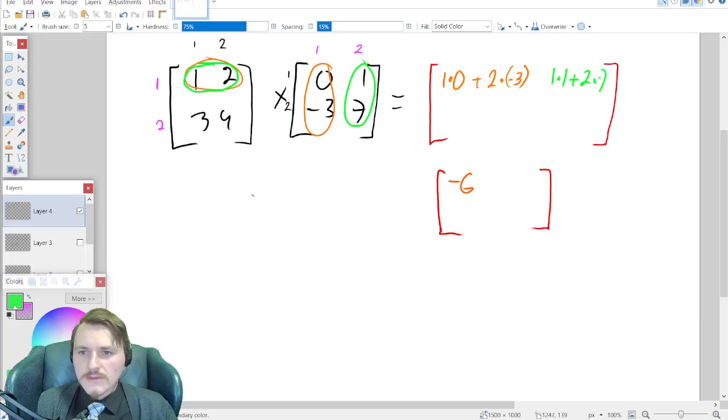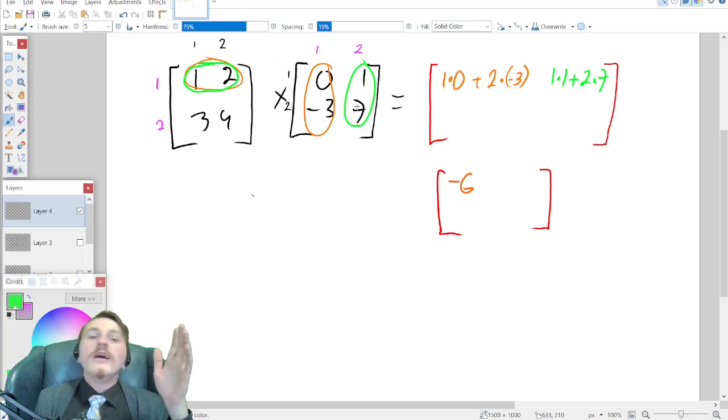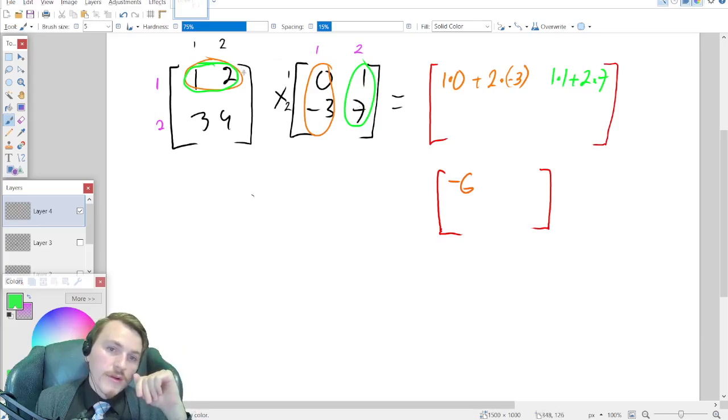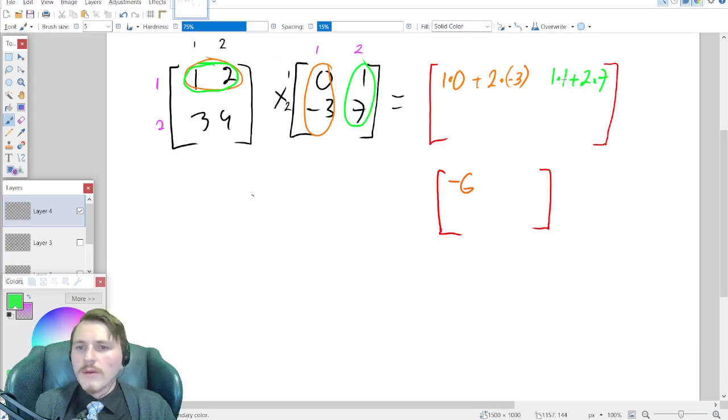First thing times the first thing plus second thing times the second thing. And if this was 20 elements long, it would then be plus the third times the third, fourth times the fourth, fifth times the fifth, so on and so forth until we get to 20. And then 1 times 1 is 1, plus 2 times 7 is 14, gives us 15.